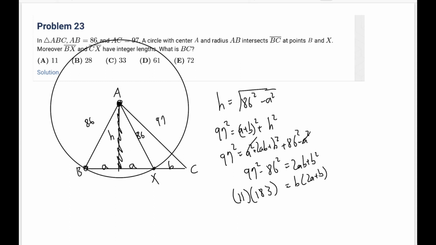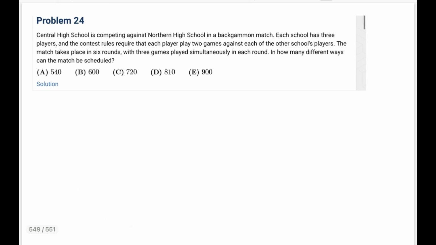And then what we could have is 33 and 61. So that would perfectly give us what we want, right? Since B could be 33 and 2A plus B could be 61. What we're looking for is BC. BC is this length. This is 2A plus B. So 2A plus B is 61. The answer is D.